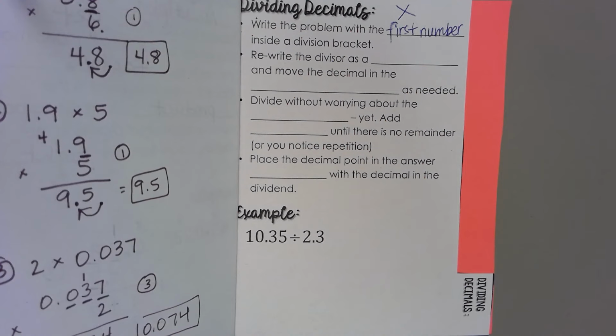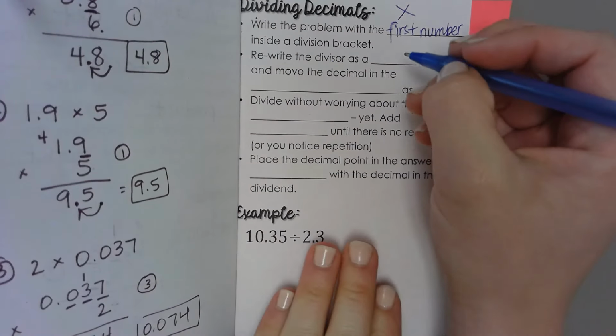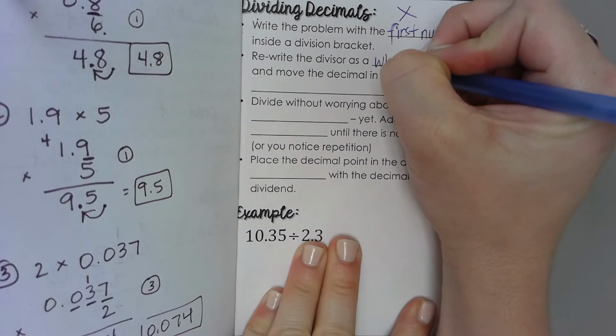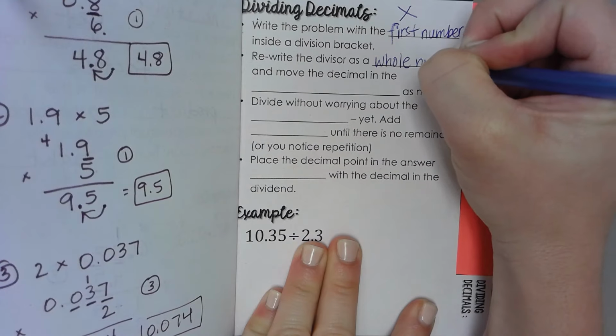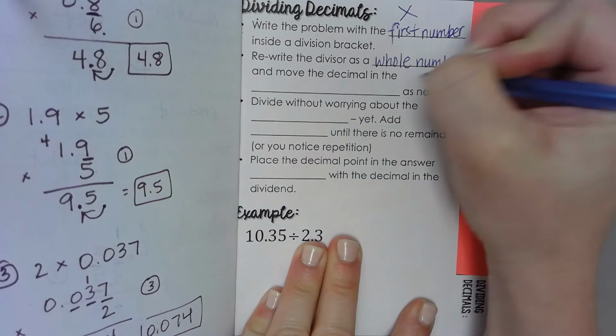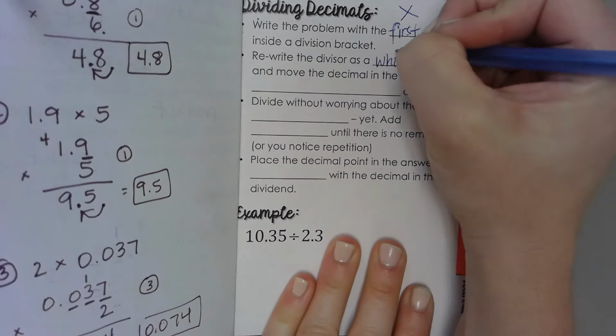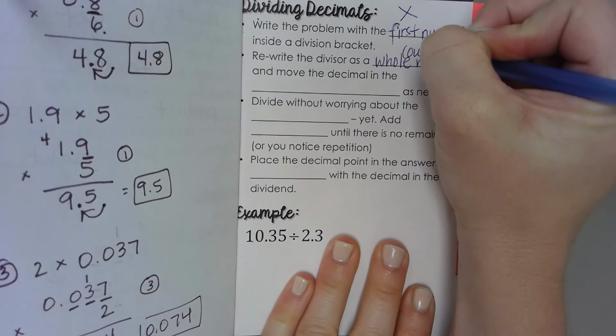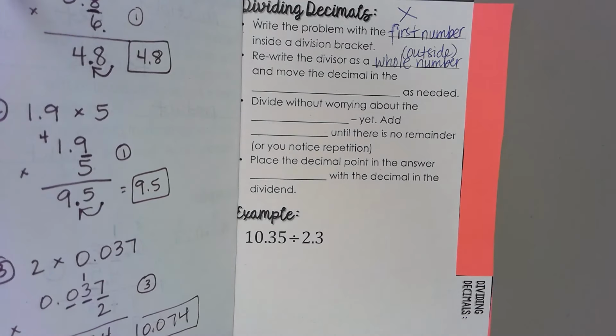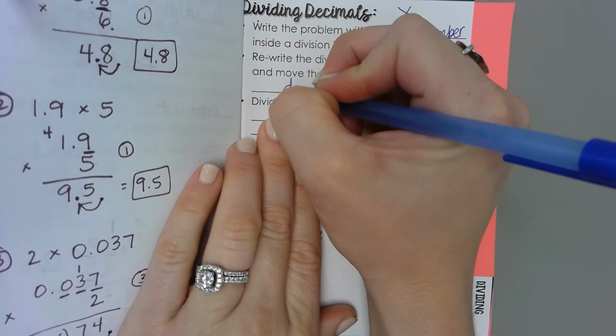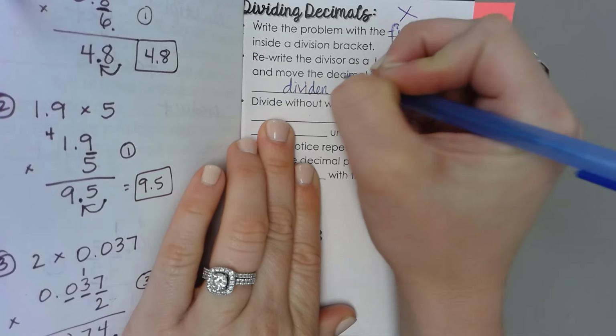We're going to rewrite the divisor as a whole number, which is the one outside, and move the decimal in the dividend as needed, which is the inside.